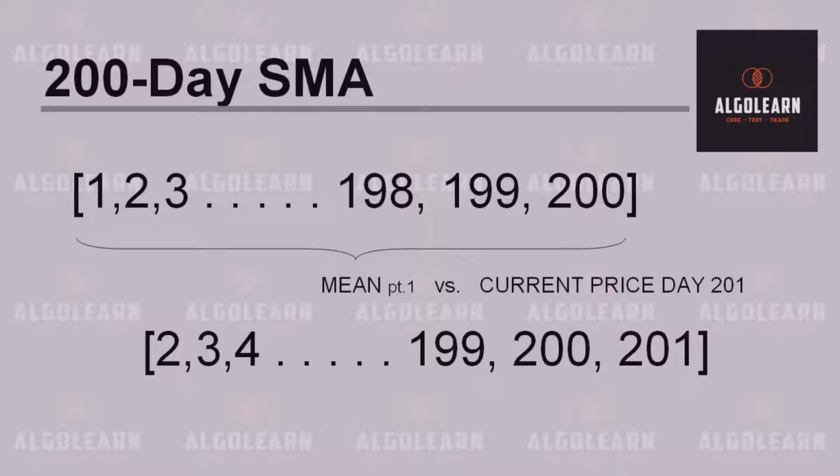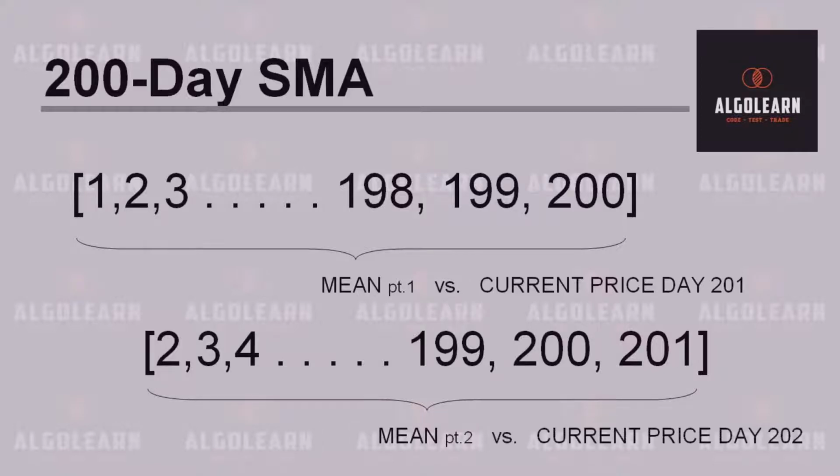What we need to do is go to the end of the data set and drop day one. This gives us 200 days that we can average again, and this gives us the second point that we can graph. We can compare that to the current price in day 202 and see how it's relative to this new mean data point.